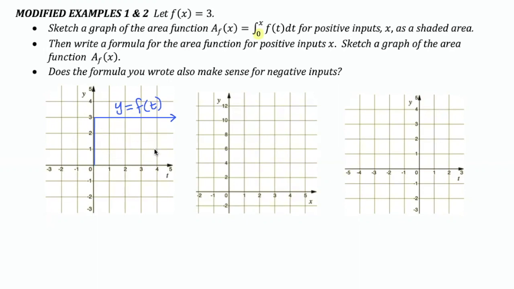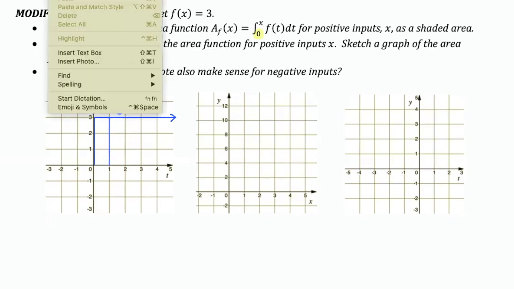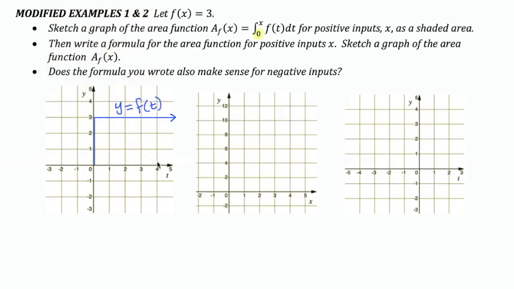And now I want to expand so x can be any value. If x was 1, it would be this little rectangle that would be created. But I want to let x take on any value, so I'm just going to go somewhere out here, put a dashed line to remind you that this side can move and change, and I'm going to label that x. So if I shade in this area, that's a graph of the area function.